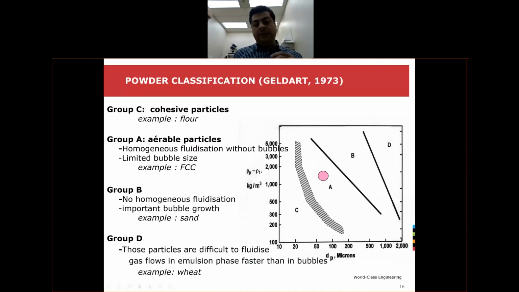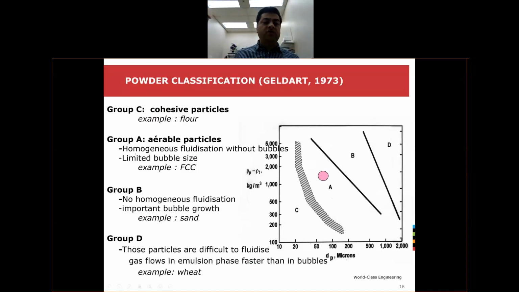And by the way, group D particles, as opposed to group C, are usually quite large particles. Roughly the size of group D particles is more than 1 millimeter to 2 millimeter.